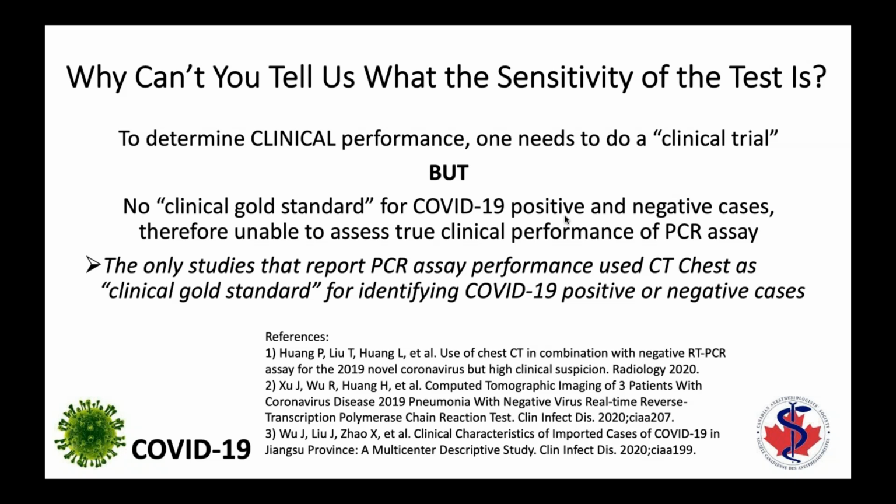And you can imagine that this is really not ideal. This is where the 30% false negative PCR assay performance came from. And many people quote this as the challenge of our PCR assay. But I'd like to point out here that these studies are flawed and the true performance of an assay is dependent on multiple factors.